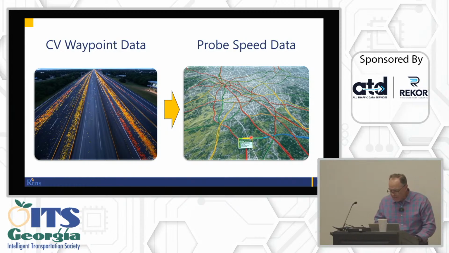So notice that this segment here is green, this segment is blue, this segment is red, this one's orange. The probe speed data provider is taking the real-time speed, they're averaging that speed for all the cars that are passing over that segment every 3 minutes, assigning a speed to that segment of roadway based on its length.